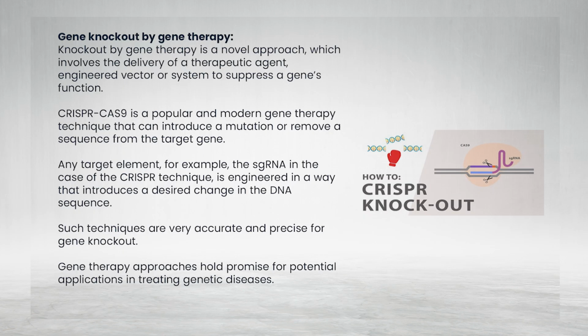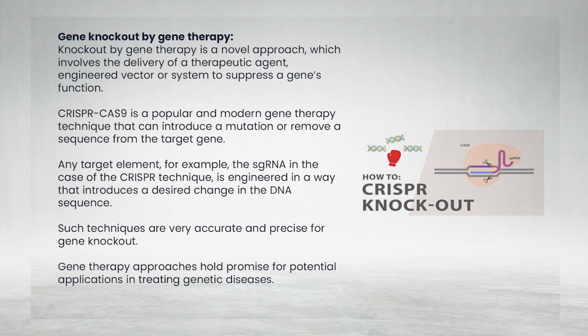Now let us look at gene knockout by gene therapy. Knockout by gene therapy is a novel approach which involves the delivery of a therapeutic agent, engineered vector or system to suppress a gene's function. CRISPR-Cas9 is a popular and modern gene therapy technique that can introduce a mutation or remove a sequence from the target gene.